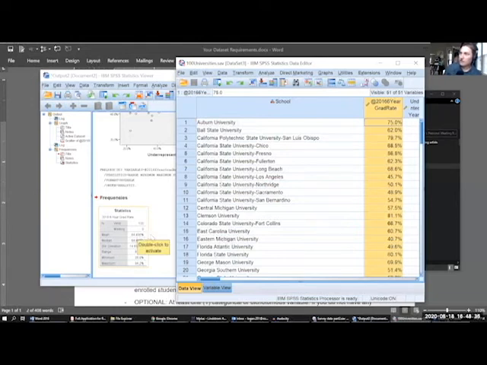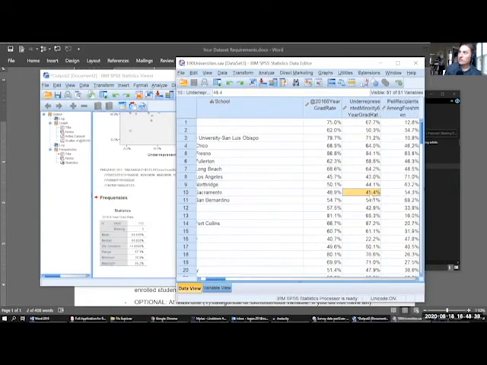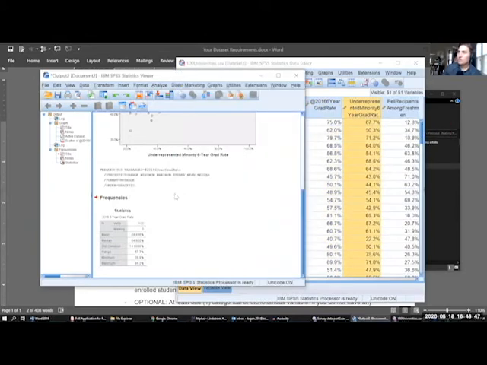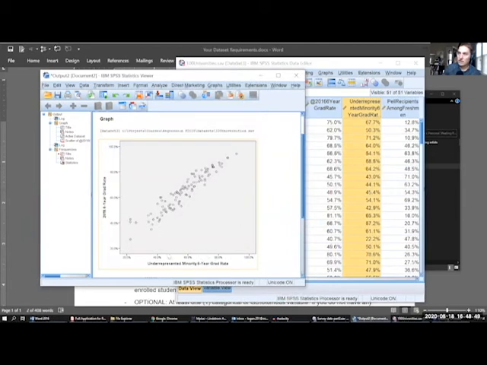The second part is that what I've next done is look at how these two things are related. So how is the overall graduation rate related to the underrepresented minority graduation rate? So right here, 6-year graduation rate. Here is a scatter plot representing the relation between these two things.